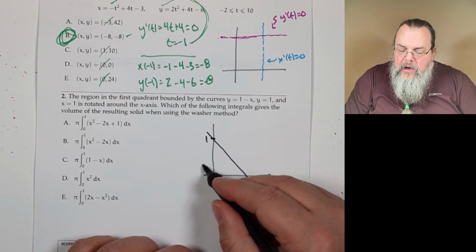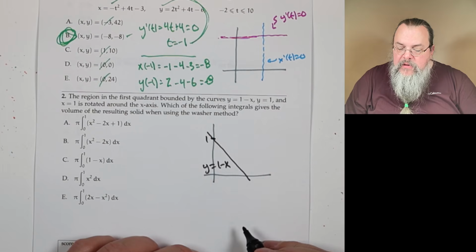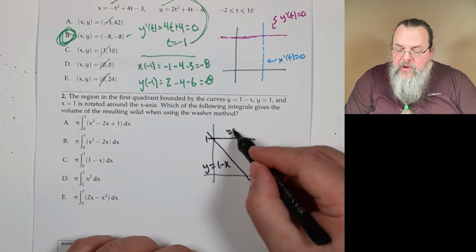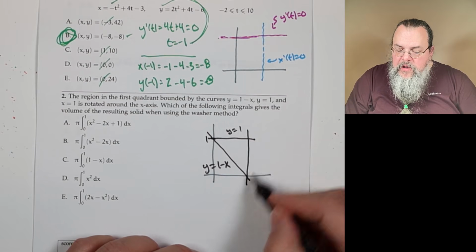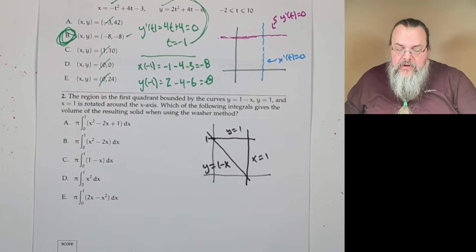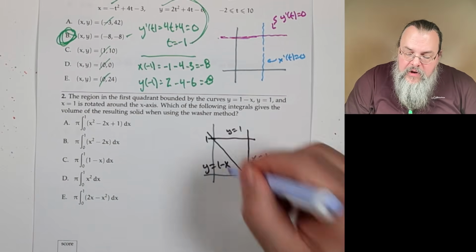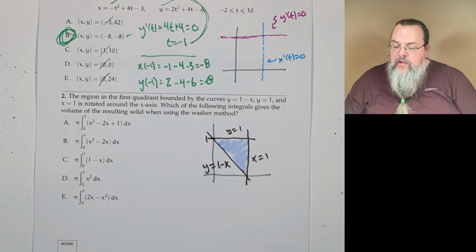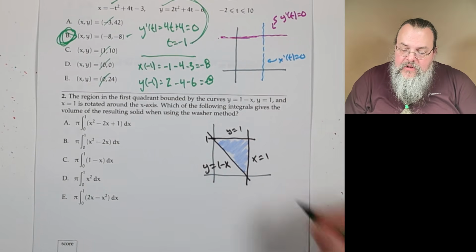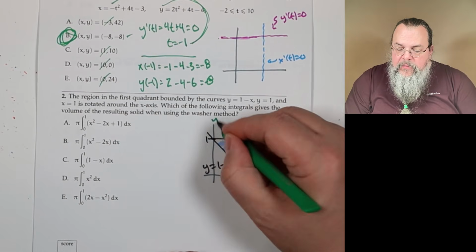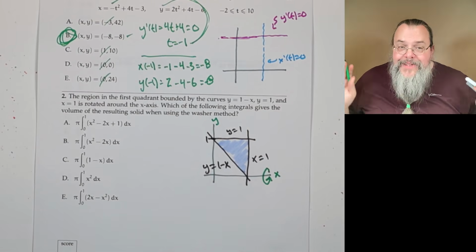Y equals 1 is up here, and x equals 1 is right there. And so we have a triangle. Here's our lovely triangle, and it's rotated around the x-axis. The x-axis is downstairs, so we rotate it around the x-axis. Good, now we have a picture.